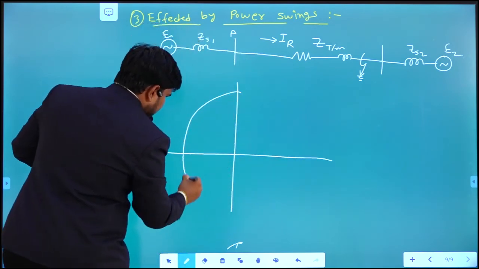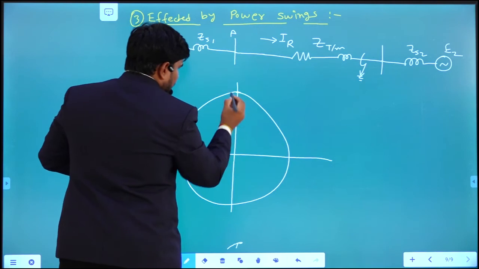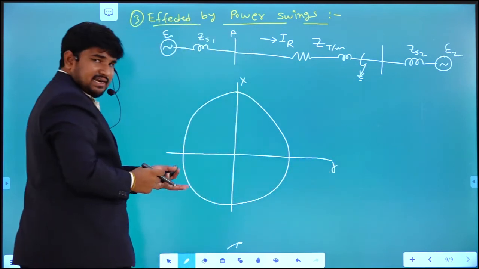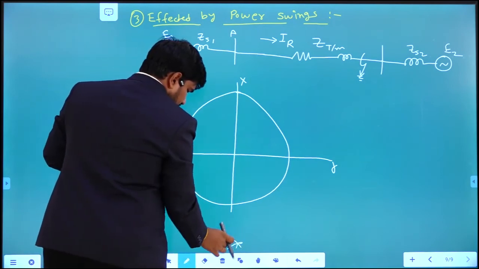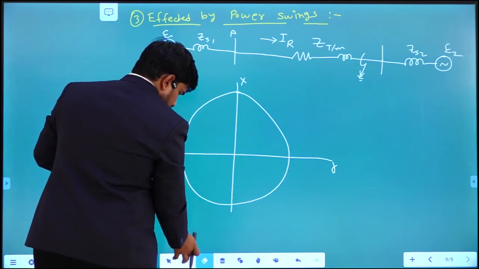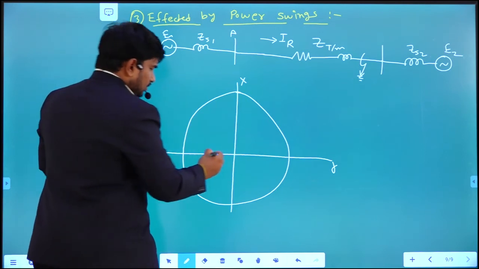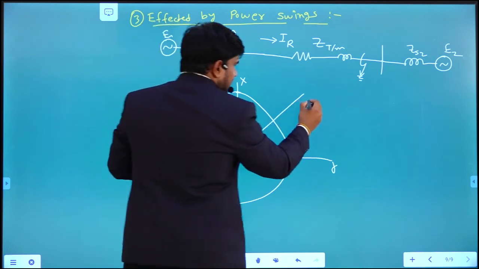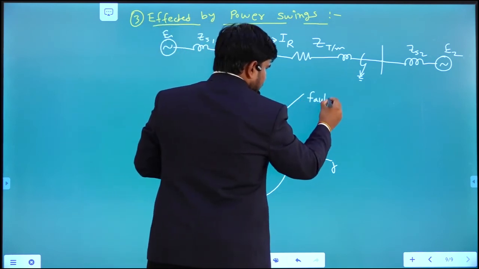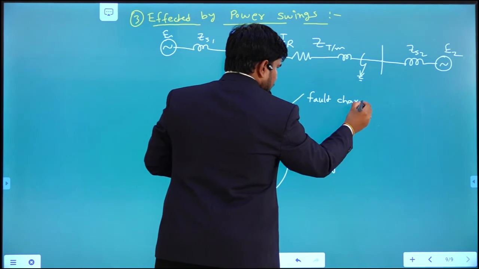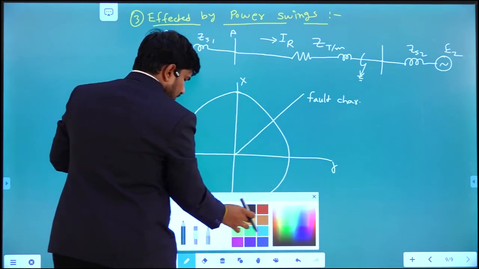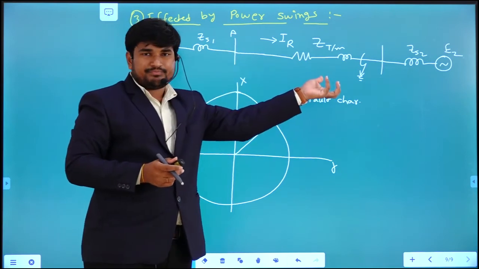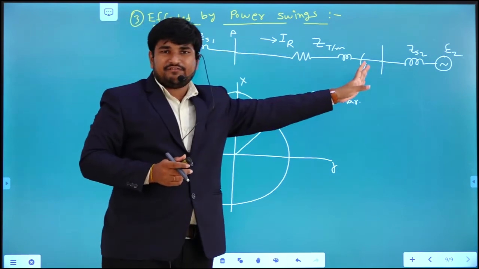This is my impedance characteristic of the impedance relay. So this is my fault characteristic. Now because of this power swing problem, the current varies, right?